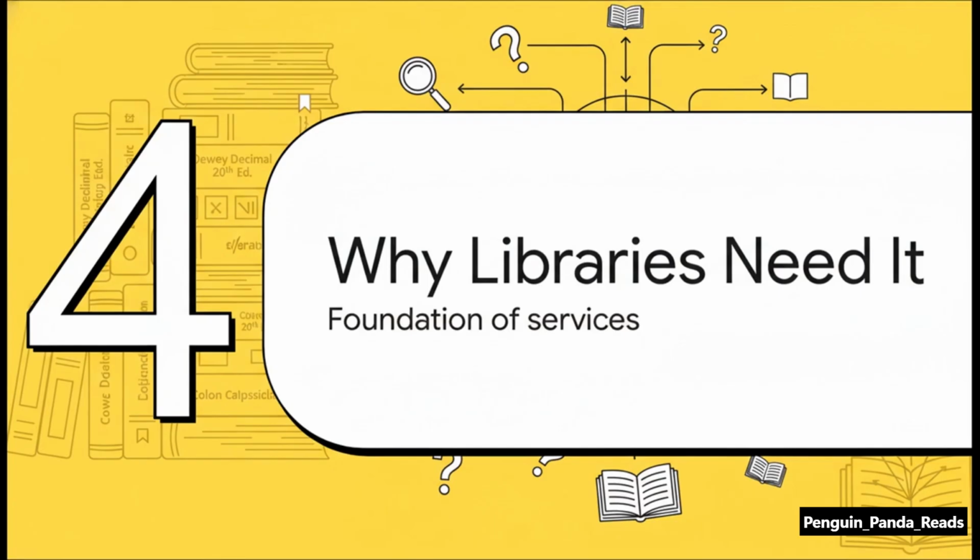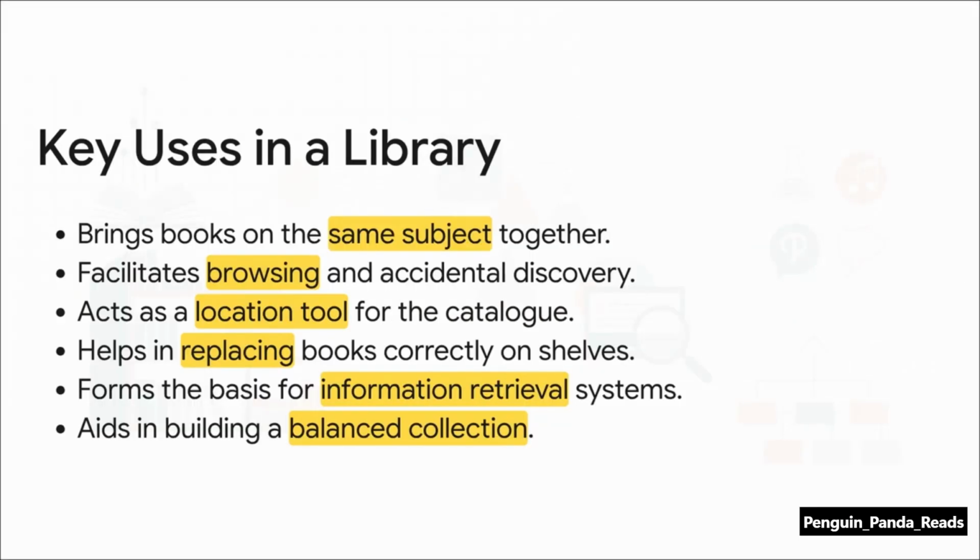Okay, this next section is absolutely vital for your exams. The why is just as important as the how. So why is classification so foundational, so essential in a library? Pay really close attention here, because this slide is pretty much your answer key for a very common 10-mark question. See, it's not just about finding one book.